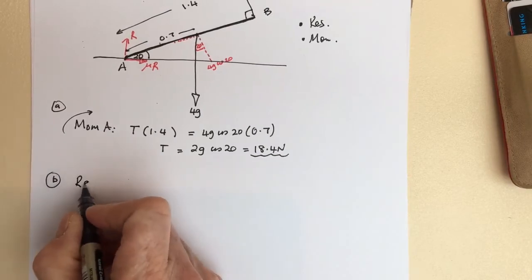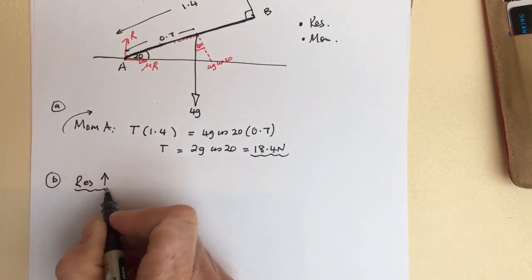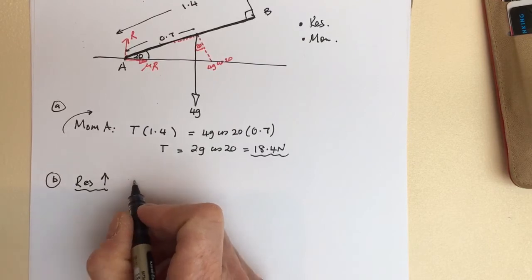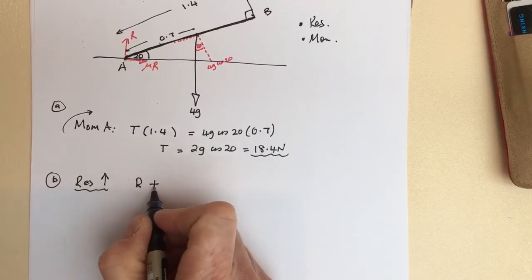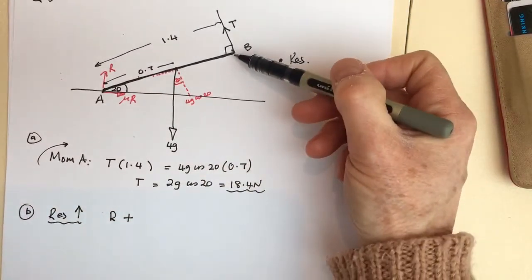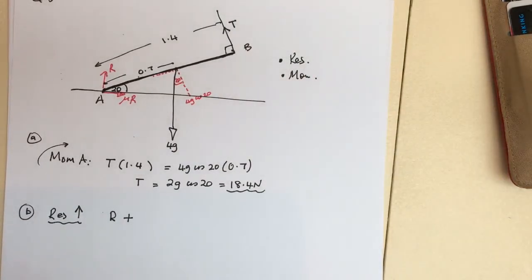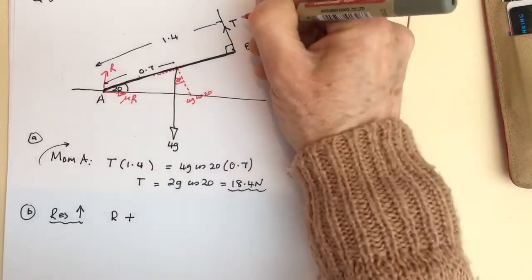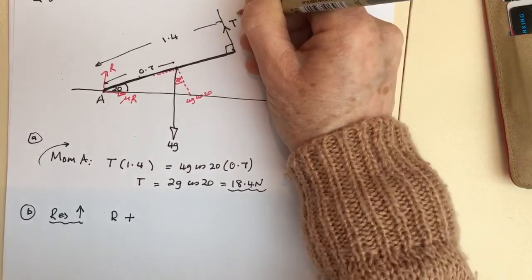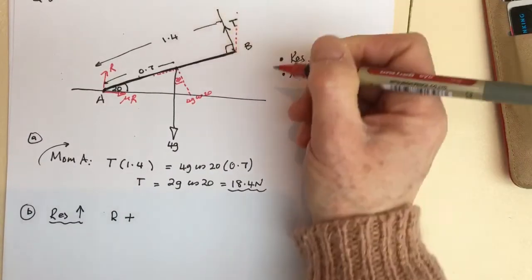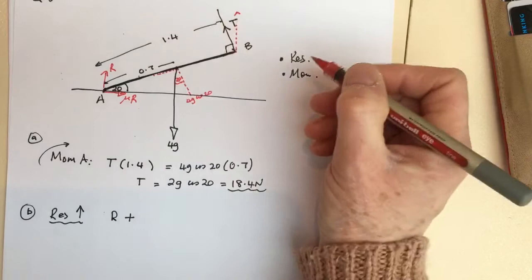I'm going to resolve vertically. So the force is going upwards. I would have R plus. Now if I look here, I've got T. That's got an upward effect. But at the moment, T isn't vertically upwards. So I need to be thinking of that component resolved to there.